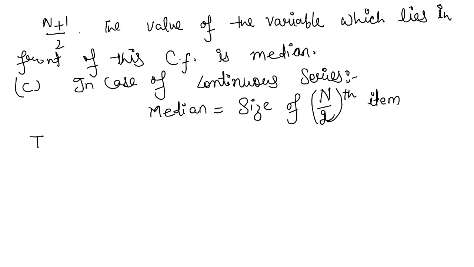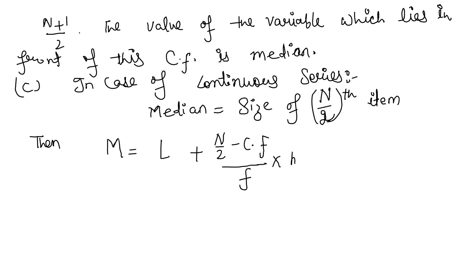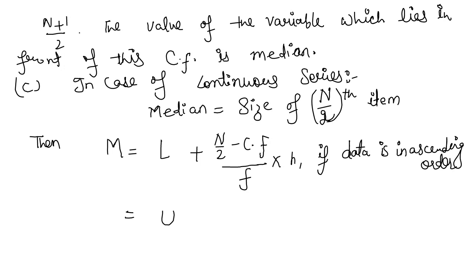Then median M is equal to L plus (n by 2 minus C.F.) upon f into h, if data is in ascending order. Median is equal to U plus (n by 2 minus C.F.) divided by f into h, if data is in descending order.